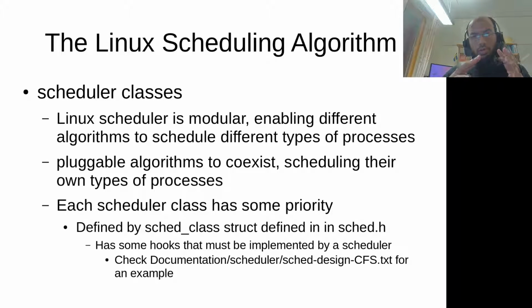The Linux scheduler expects 4, 5, 6 functions to be implemented in your scheduling class. So if you are implementing a new scheduling class, then what you need to do is basically to implement these 5 functions, and then the Linux scheduler will know from there how to handle enqueuing and dequeuing of jobs, which job runs first, and so on.